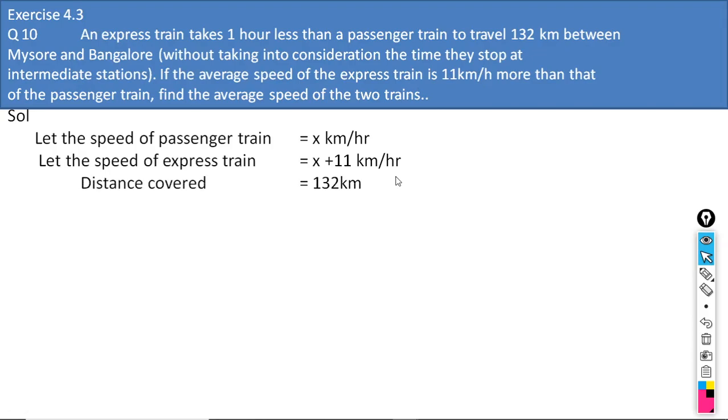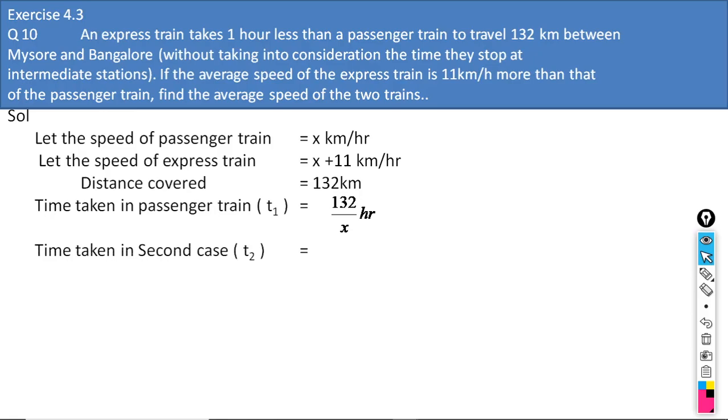The distance covered is 132 km. Time taken by the passenger train would be 132 upon x, whereas the time taken in the second case would be 132 upon x plus 11.